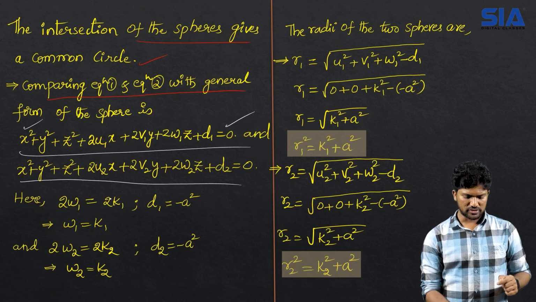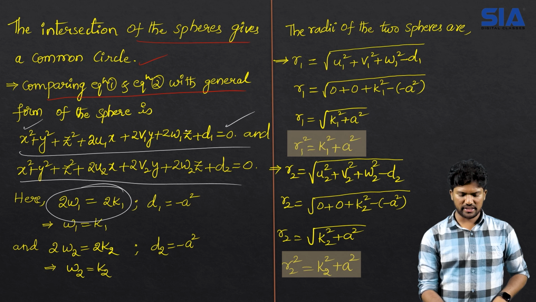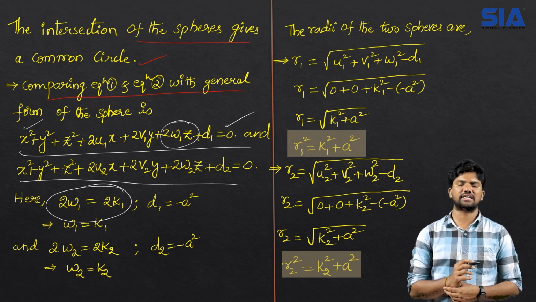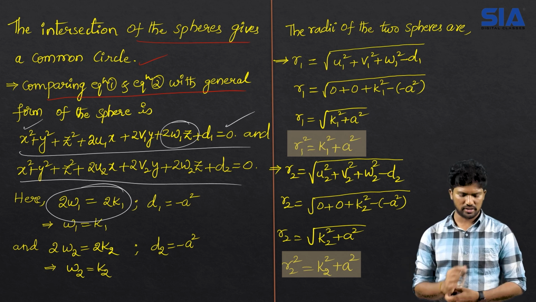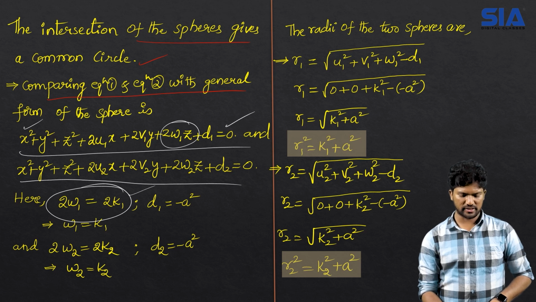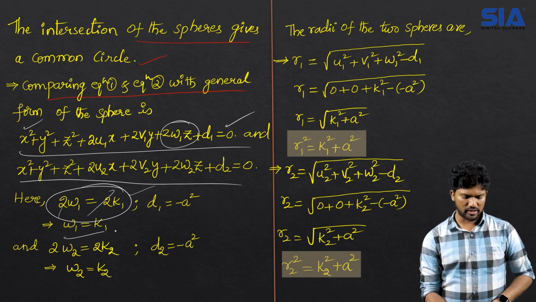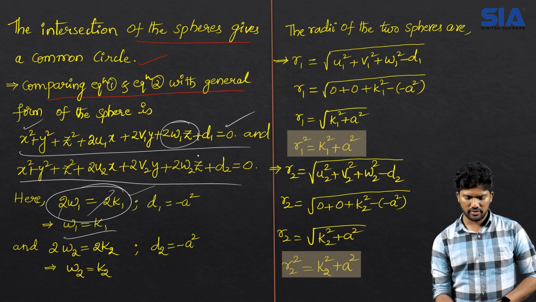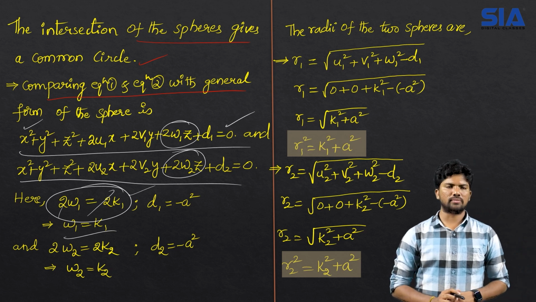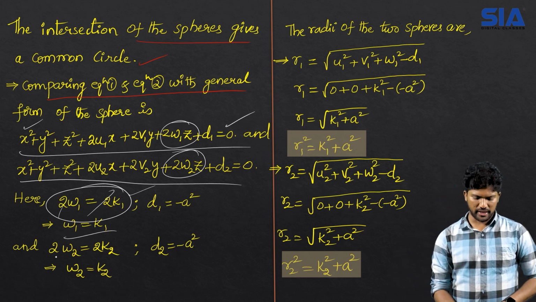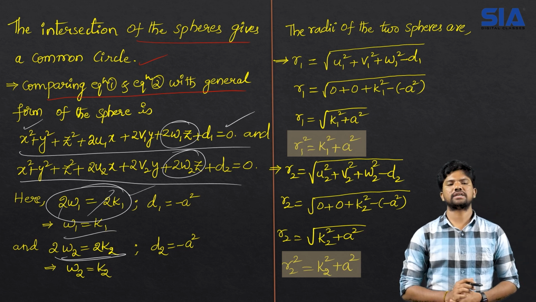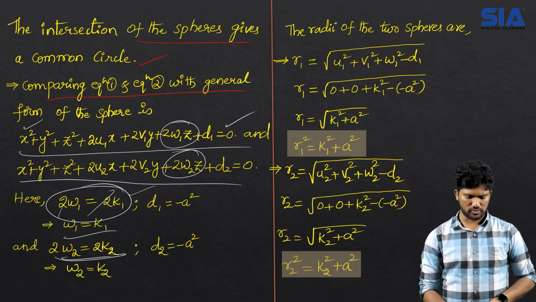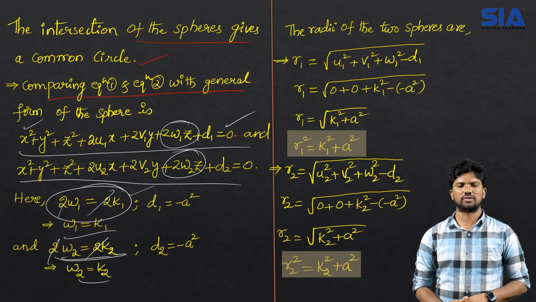In the general form of the first equation the z coefficient is 2w1, so 2w1 is equal to 2k1, 2 cancels, w1 is equal to k1. For the second equation, 2w2 is equal to 2k2, 2 cancels, w2 is equal to k2.